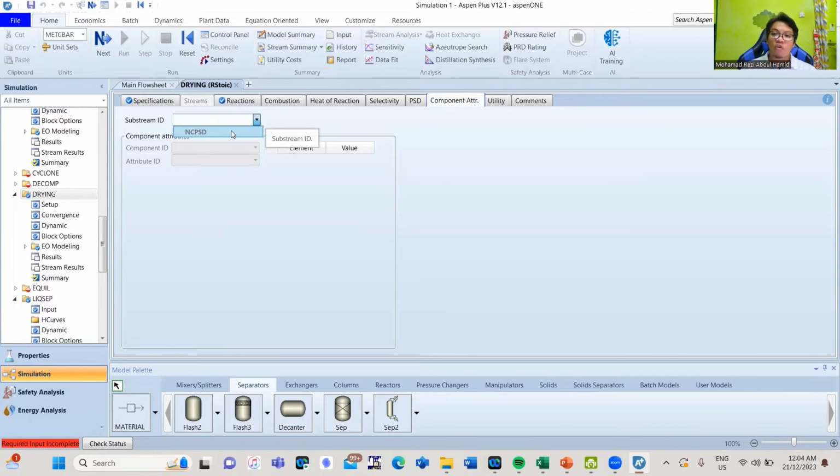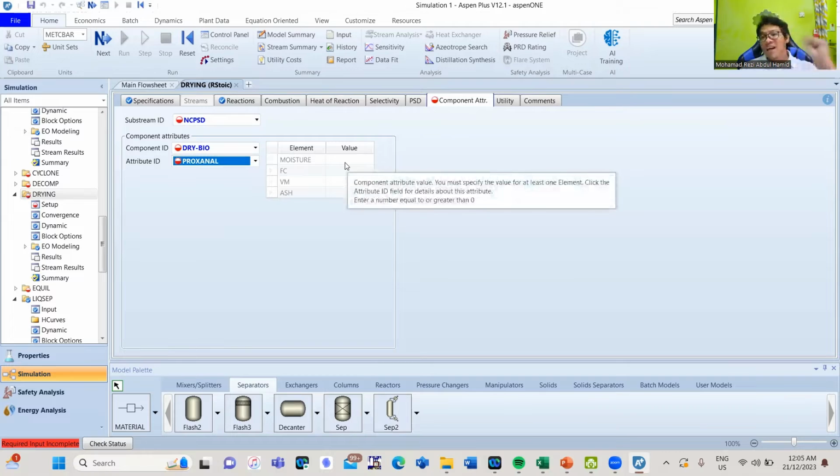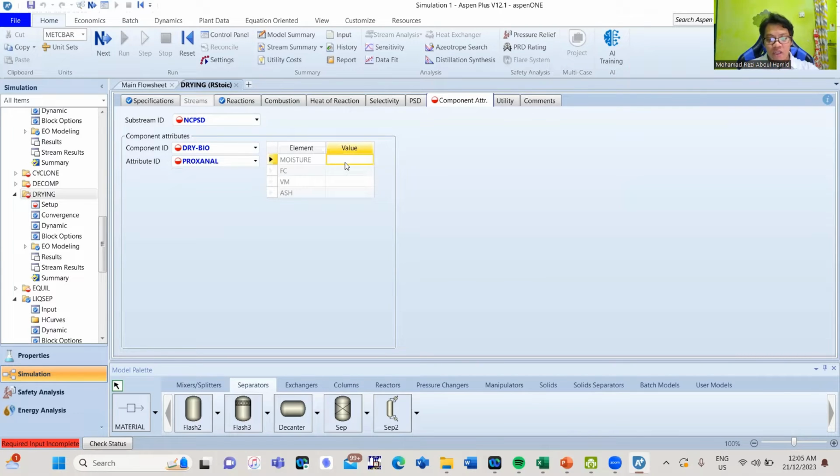Substream is non-conventional. Choose dry biomass. Wet biomass, no need because you have specified those earlier. So attribute, choose approximate analysis. Now for dry biomass, there is no more moisture. You can write down 0. The component is still 13.94 fixed carbon, 84.71 volatile matter, and 1.35 ash.